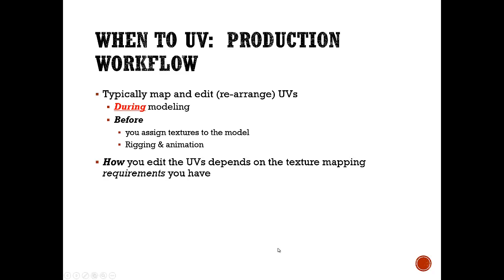And before I sign off here, the question is when to UV. Typically, the way I do UVing is I will do it during the modeling process. So I will build a model, and as I get the main mass of that model done, when it's a low poly model and I haven't built in too many details, I'll do a UVing pass on it.